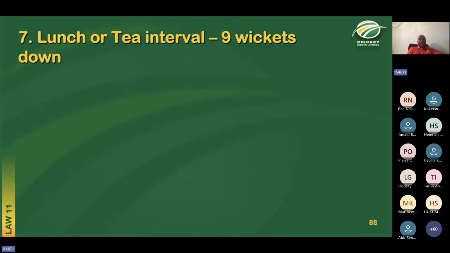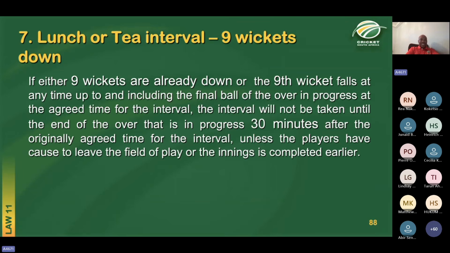There's another time-saving mechanism that the law requires of the umpires to enforce. If there are 9 wickets down at the scheduled lunch break or the scheduled tea break, are we going to take lunch at 12 o'clock or are we going to take tea at 14:40?